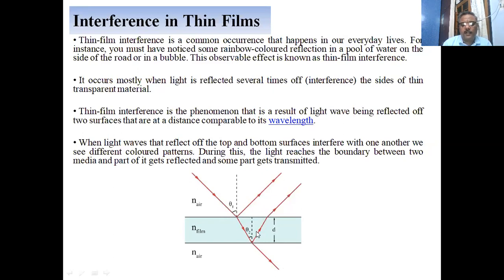The light reflected from the second surface comes back to the upper surface, and part of it is transmitted and the rest is reflected. We are not concerned with that. These two reflected lights, one from the upper surface and the other from the lower surface, interfere and produce an interference pattern here.